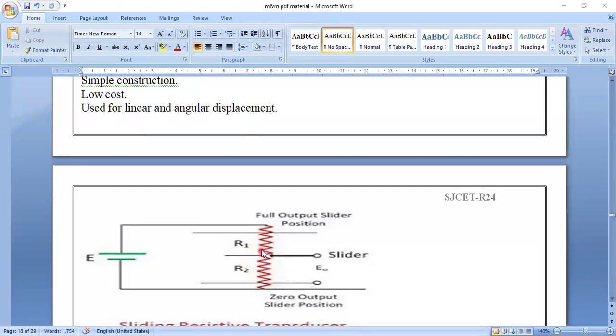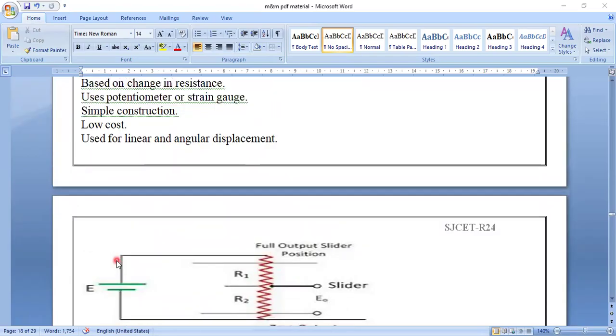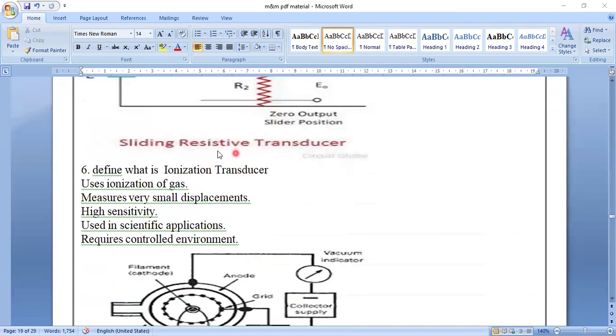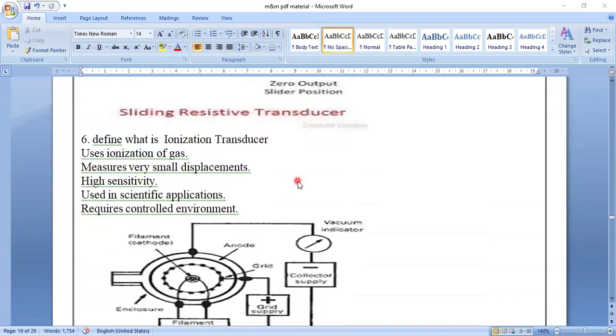Here is 0 and the slider will move up and down from here to here, 1, 2, 3, 4, 5, 6. It will be recorded in the form of EMF or voltage. The resistors record linear and angular displacements, which are called resistive or sliding transducers.